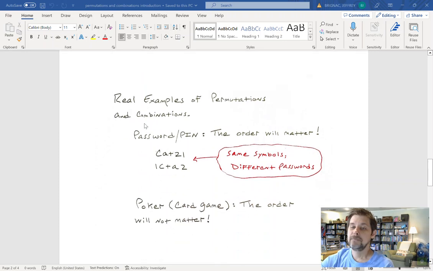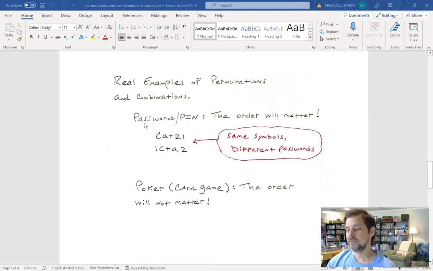But let's give some real examples, because so far I've just said say you have the letters A, B, and C, which might not be that meaningful to you. Real examples of permutations: a password or a PIN number, where the order will matter. I can't think of any exception to that. Every password or PIN number I've ever had, if you type the same symbols in a different order, it's going to reject it.